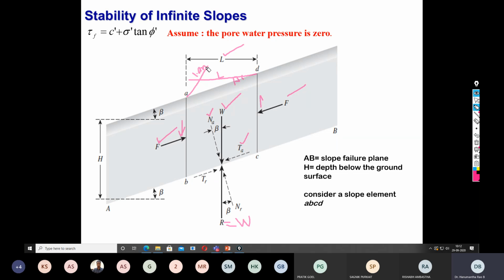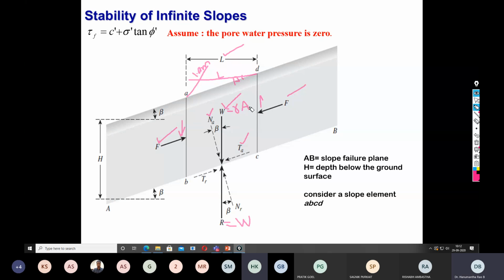Since we normally take unit length, we simply ignore the multiplication by 1 meter. So W is gamma multiplied by area of A, B, C, D.